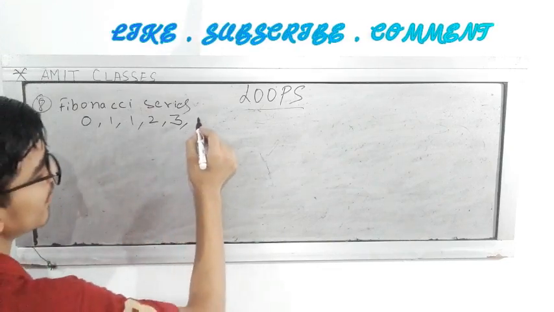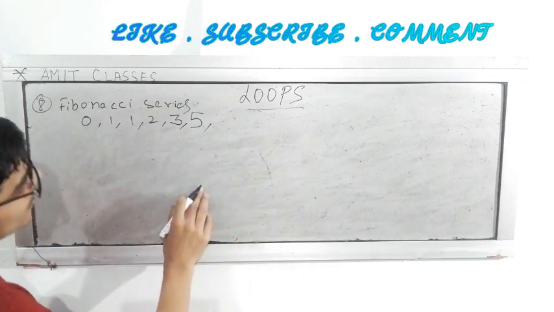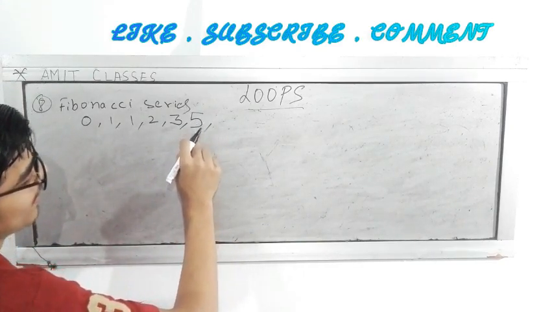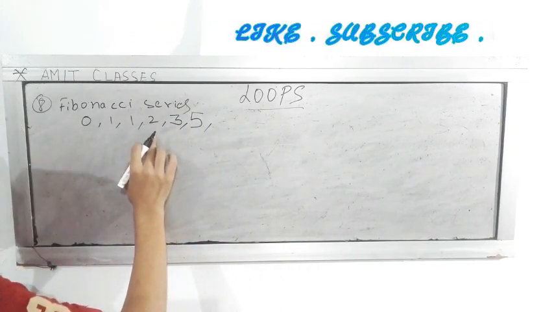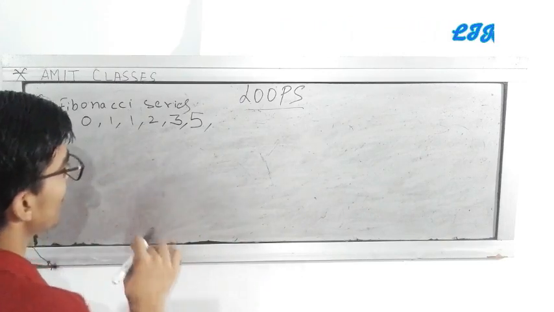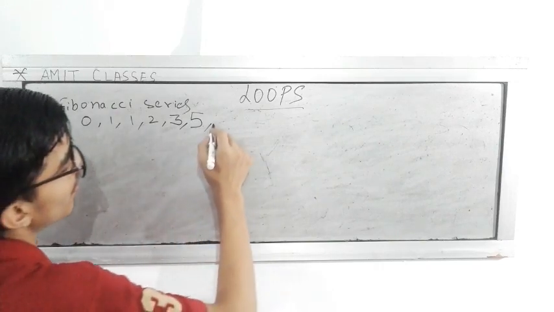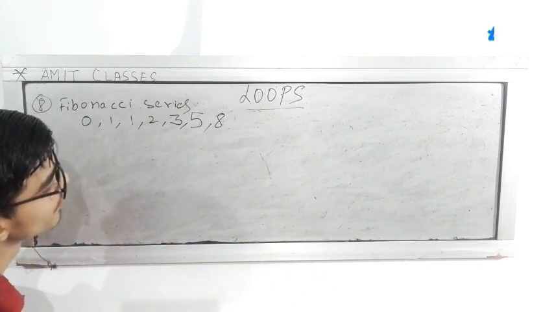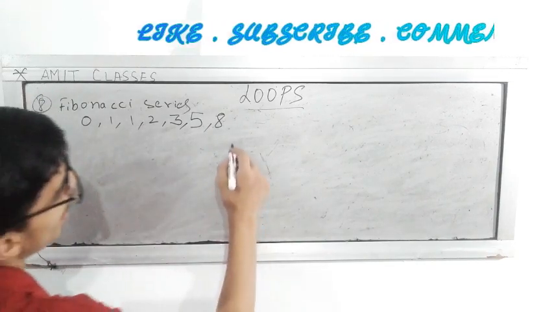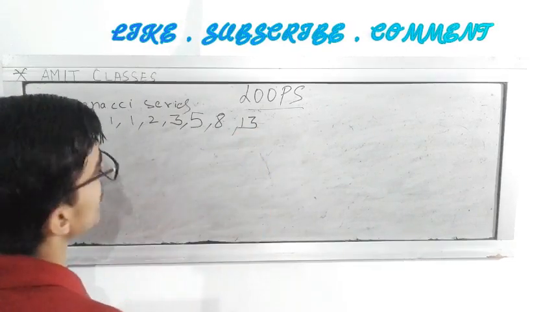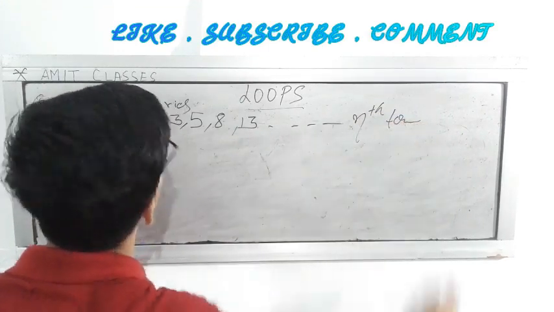After this it is 5, an odd number, only 2 is an even number, so it can be ignored by an if condition. But after this we have 8, then 13, and so on till the nth term.